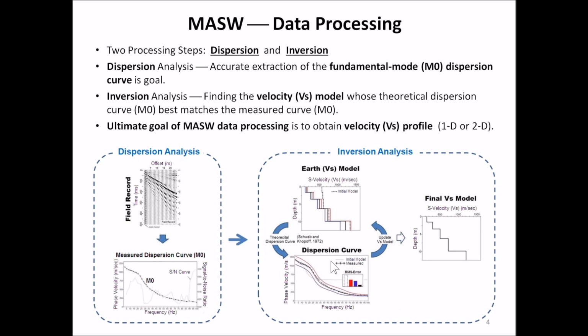Then the program compares the two dispersion curves and analyzes where the discrepancies exist, and then goes back to the initial velocity model and updates a certain part of the model, and then regenerates the dispersion curve to make another comparison. It will repeat this process in an iterative manner until it comes up with a velocity model whose theoretical dispersion curve matches the measured dispersion curve within a sufficient accuracy, like within 1% difference.